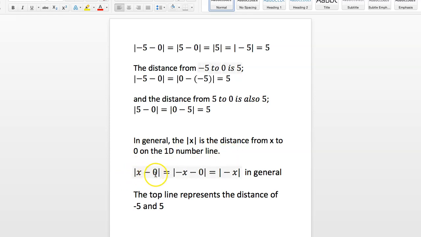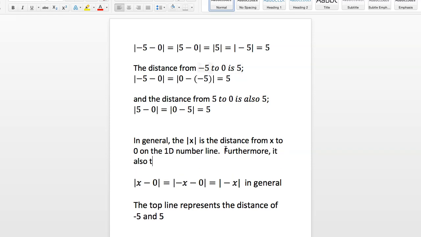So absolute x minus 0 is, indeed, or let me put furthermore, it is also the distance from negative x to 0.